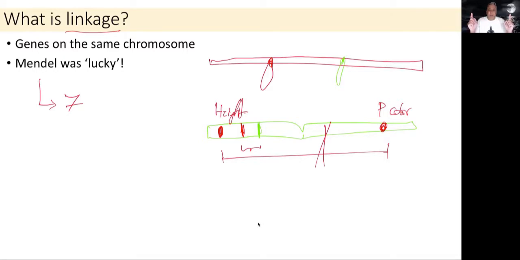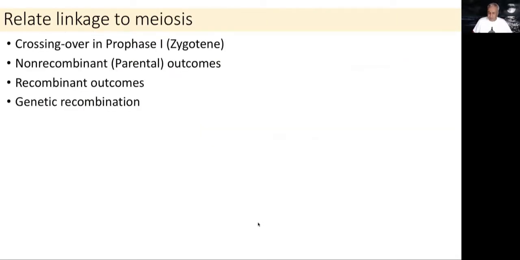And if they're really far apart on the ends of the chromosomes, then they act as though they were on different chromosomes, just like if they were on 2 separate chromosomes. So this is a very, very important concept that you need to take forward in order to understand anything else. Okay. So Mendel was lucky, but he was such a genius that maybe he would have worked it out I think. So let's move on and talk about meiosis.